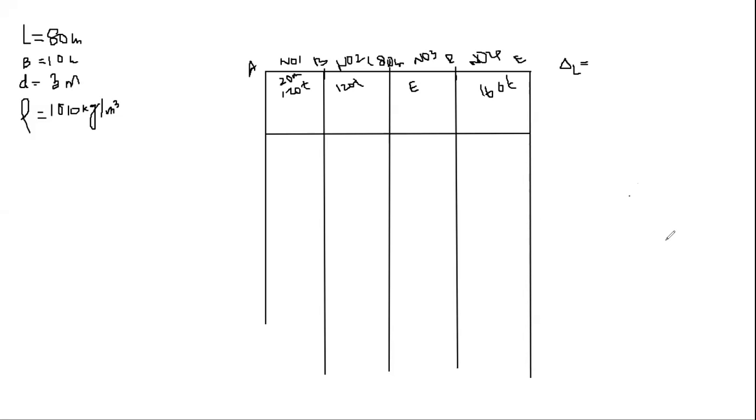The same as said. The light ship mass will be the total mass. We will find the total mass by adding all the masses which are given, then divide by the length.